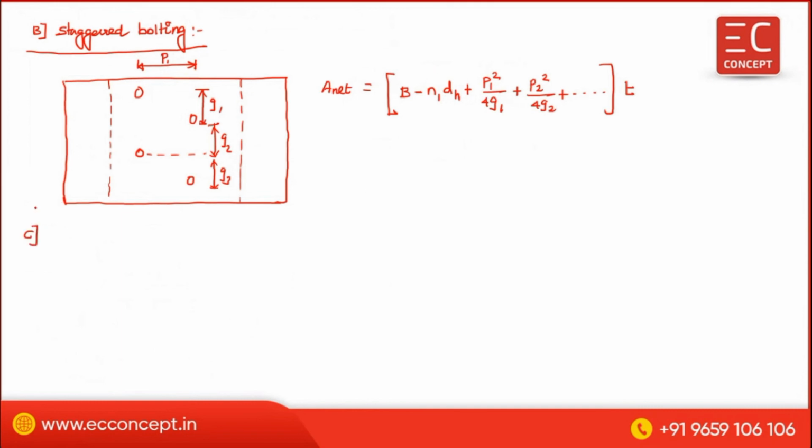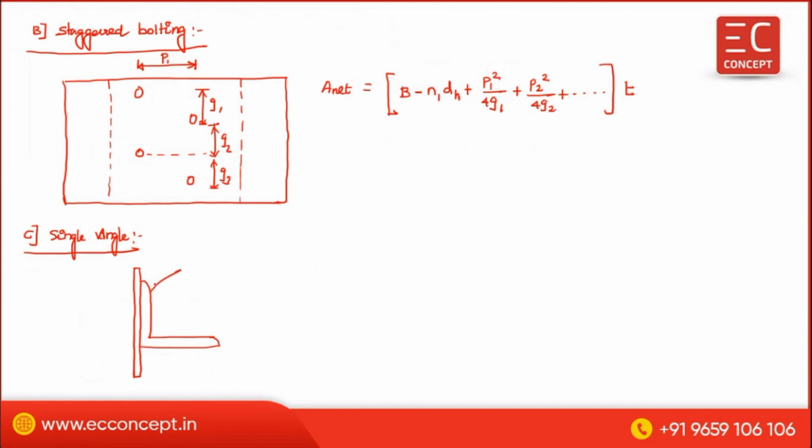Now C, the next one, is single angle connection. Okay, single angle connection. So this is the gusset plate, and this is the angle, a single angle connected to the gusset plate.